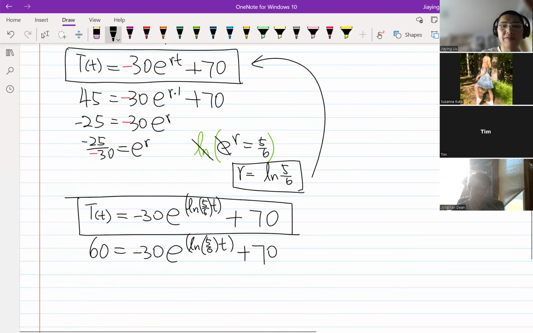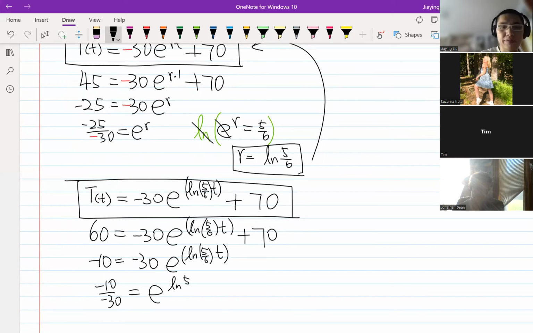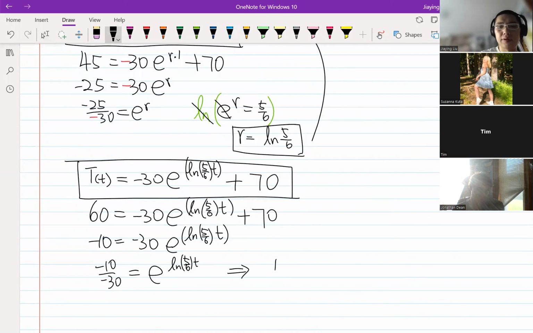If we subtract 70, we get negative 10 equals negative 30 e raised to the natural log 5/6 t. We divide by negative 30 on both sides, so negative 10 over negative 30, which is 1/3, equals e raised to the natural log 5/6 t.